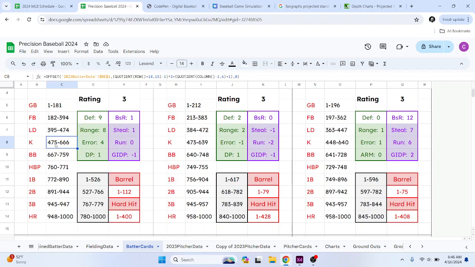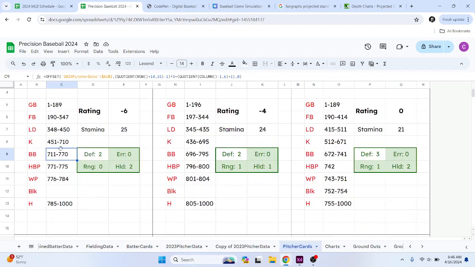So you can see here, good things start happening about 667, and off the pitcher card, good things start happening at 711. So you got about a 5% better chance of something good happening off of the batter card than the pitcher card.